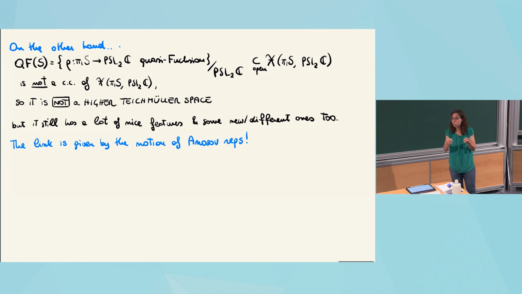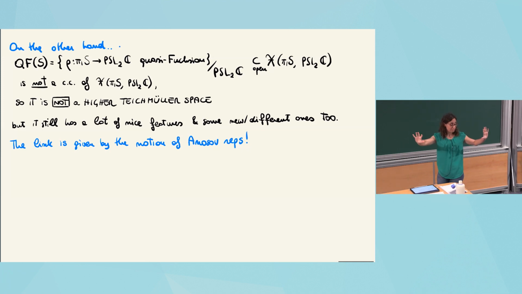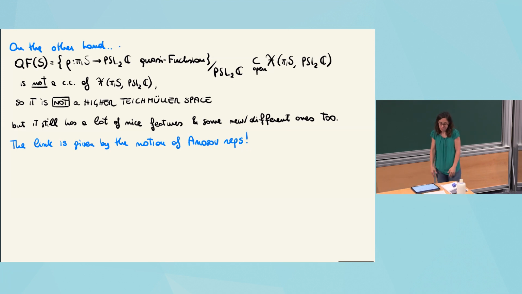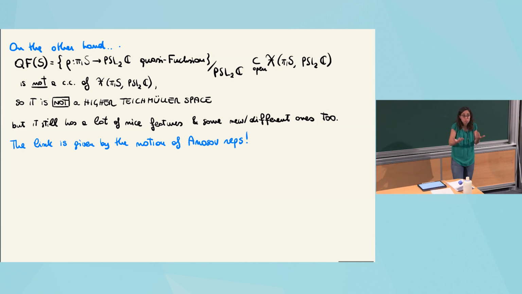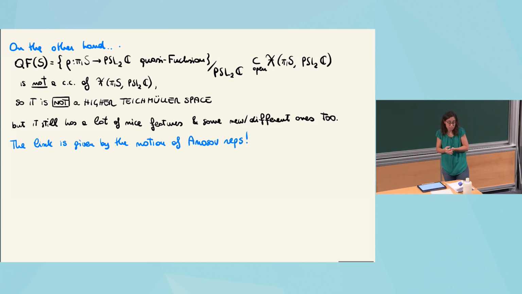So it's not a whole connected component. In fact, in the character variety, in the same component where you have quasi-Fuchsian space, you can also continuously deform to the trivial representation. So it's not a higher Teichmüller space, but it's still a good subset of nice representations.